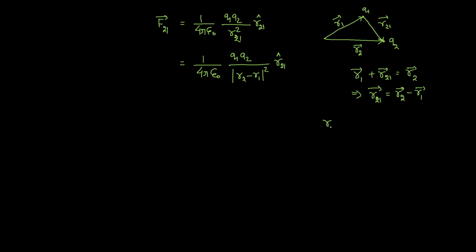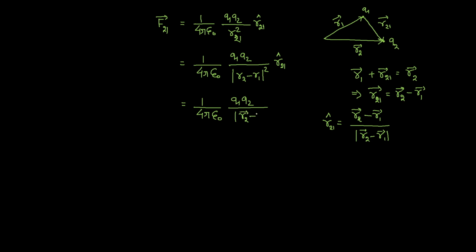Now this R21 cap can be written as R2 vector minus R1 vector divided by magnitude of R2 vector minus R1 vector.